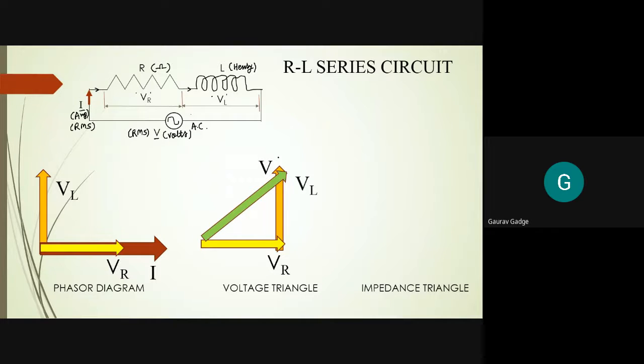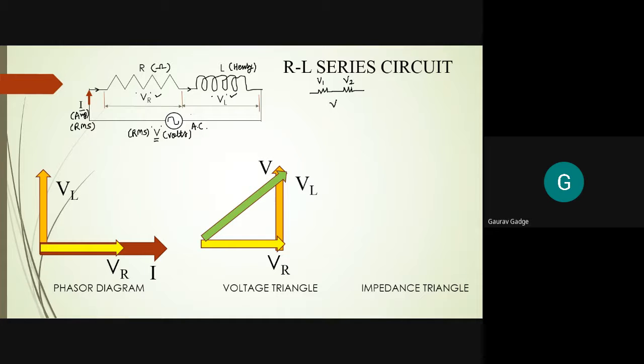That hypotenuse is voltage V, because supply voltage V is given to the circuit. So what can we write? V is equal to VR plus VL. Like in a DC circuit, if two resistors are connected in series, the voltage drop across the first is V1 and across the second is V2.